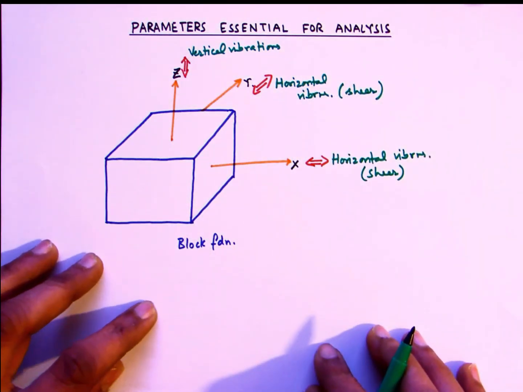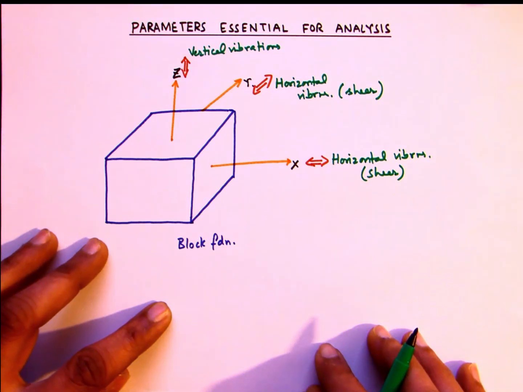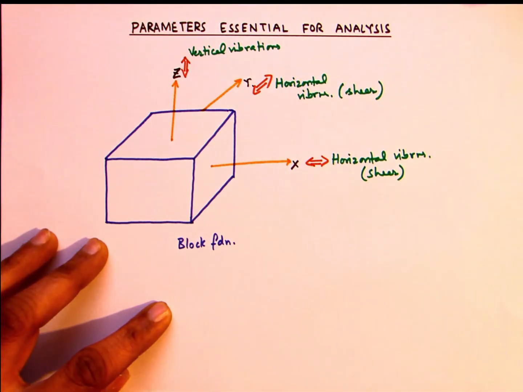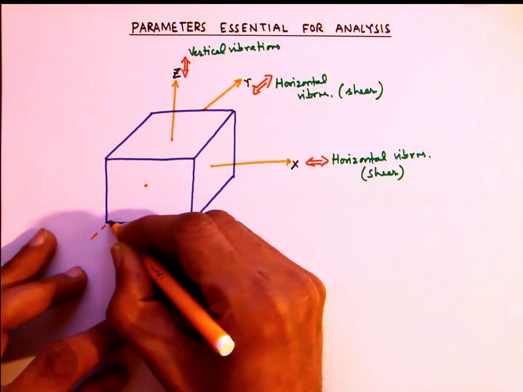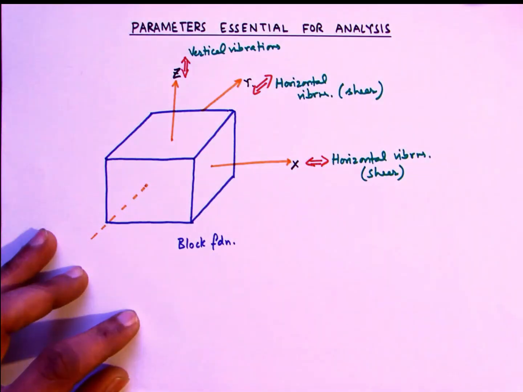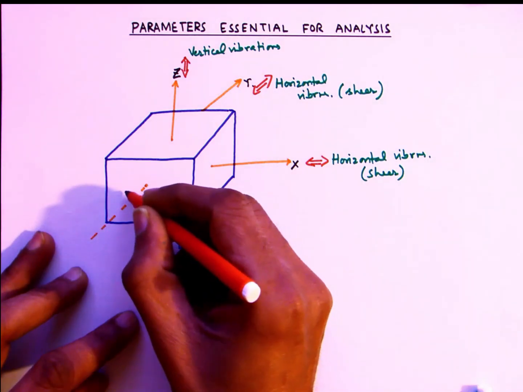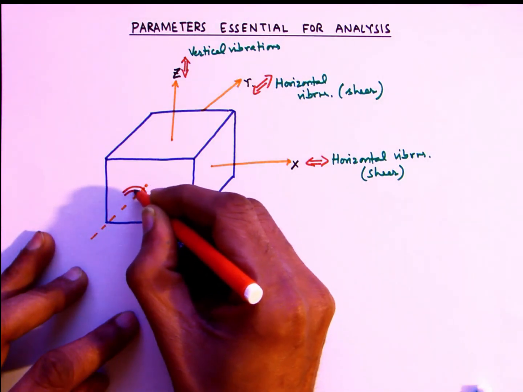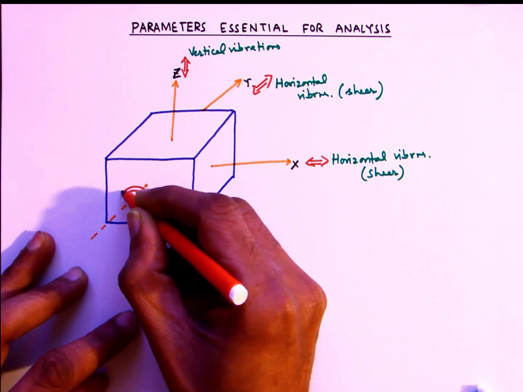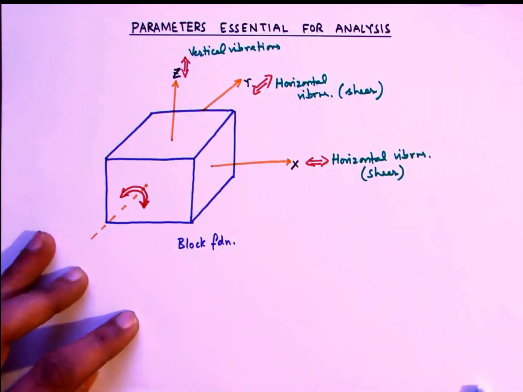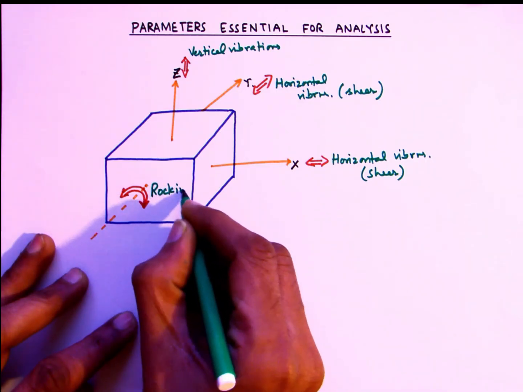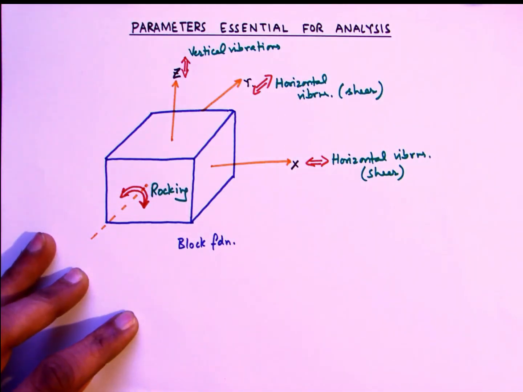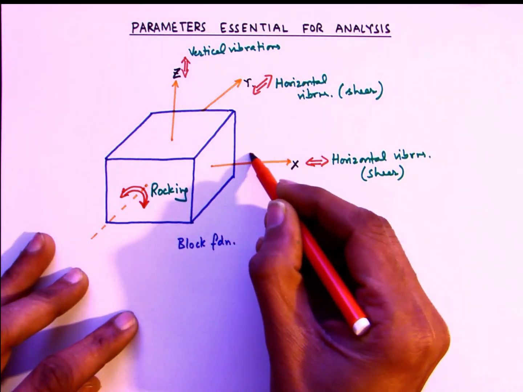Besides these 3 linear vibrations, the block also has possibility of undergoing rotational vibrations about the 3 axes, and they have different technical names. The most obvious is the rotation about y axis, that is the rotation in the xz plane. Basically, this is the main type of rotational vibration, and we call it rocking.